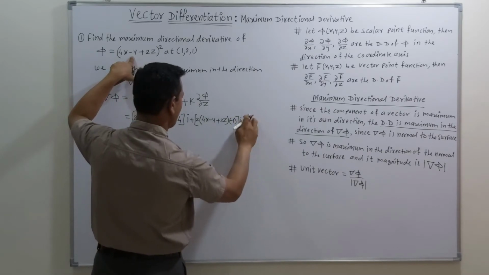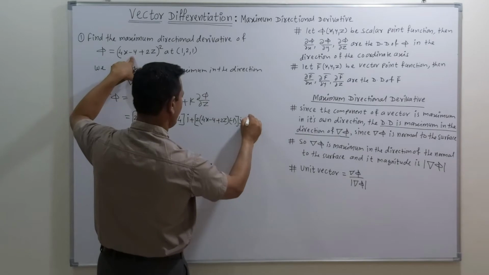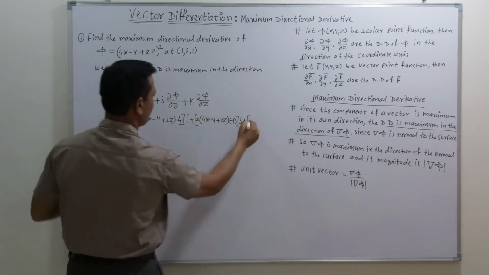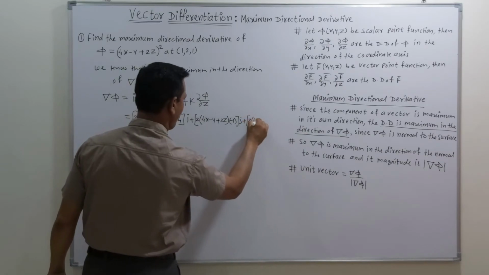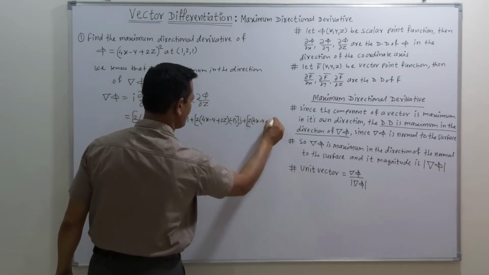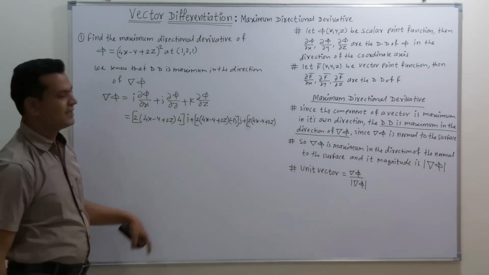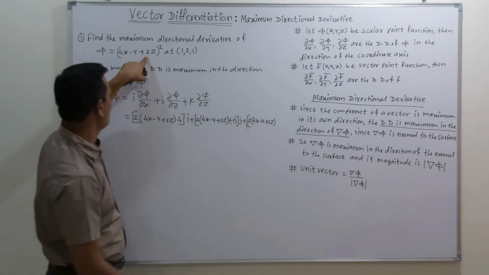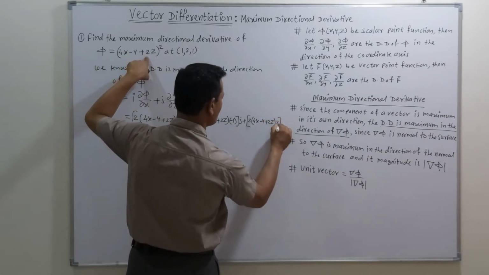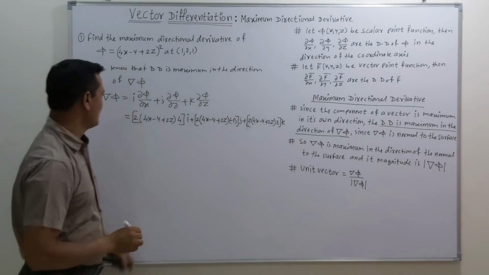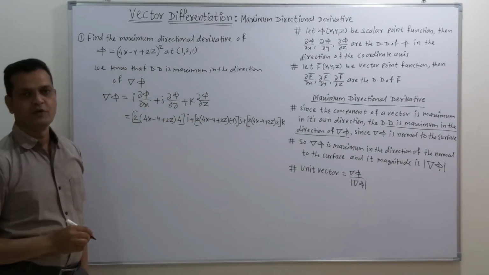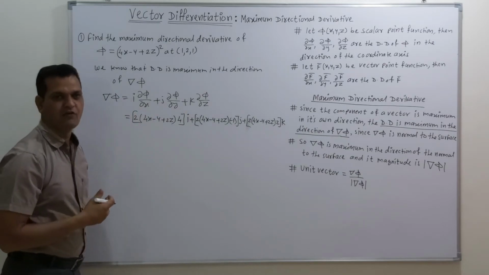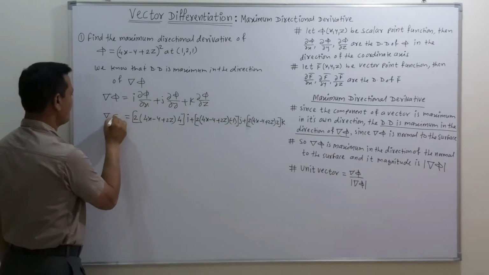Plus the third term, the partial derivative of phi with respect to z: 2 times (4x minus y plus 2z), and the derivative of the inner term with respect to z is 2, into k. In this way we get the partial derivatives of phi with respect to x, y, z, which is called the gradient of phi or del phi.